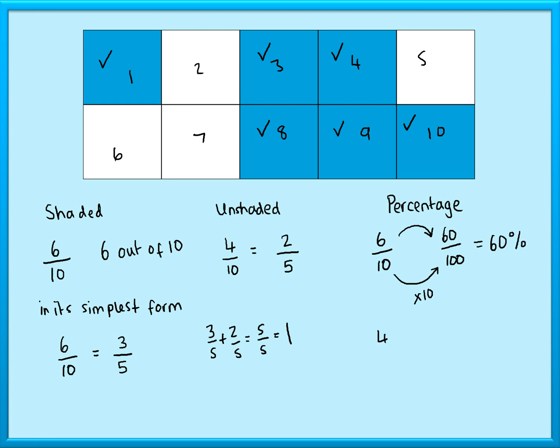The unshaded area would be 4 out of 10, so changing that to something out of 100. Again multiplying by 10, 4 times 10 is 40, 40 out of 100 is 40%.